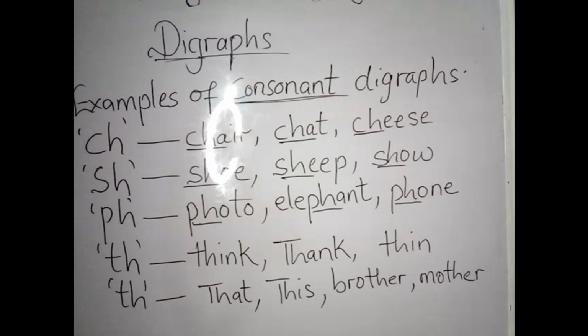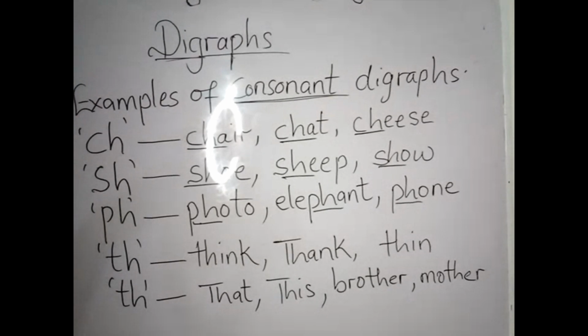Okay, please, I would encourage you to practice all these pronunciations, and also note the difference between consonant digraphs and consonant clusters. So next we are going to look at consonant vowel digraphs.